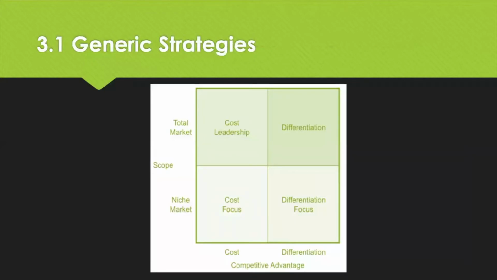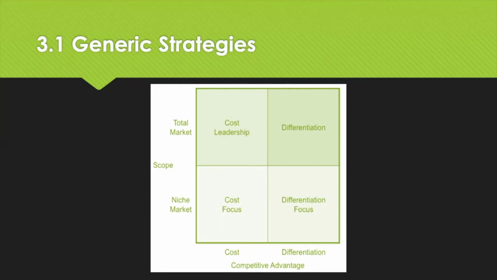So Porter suggested 4 generic business strategies that could be adopted in order to gain a competitive advantage. The strategies relate to the extent to which the scope of business activities are narrow versus broad and the extent to which a business seeks to differentiate its products. With cost leadership, the objective is to become the lowest cost producer in the industry.